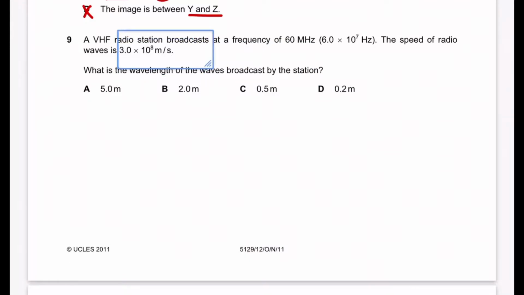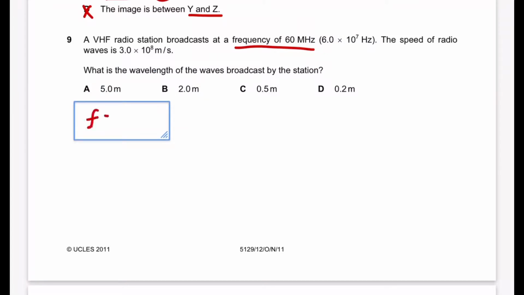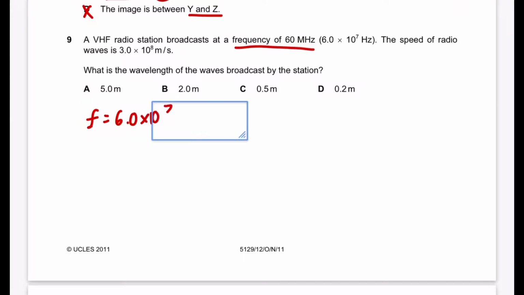From this question, we can extract the information. Frequency is 60 megahertz. Let me rewrite here. Frequency is equal to 6.0 times 10 to the power of 7 hertz.